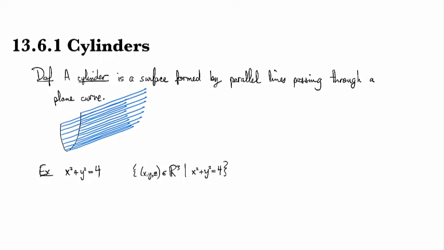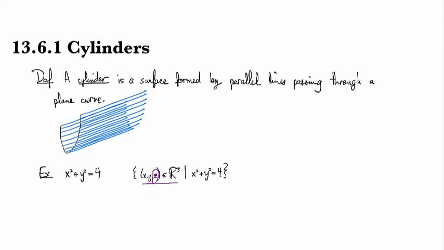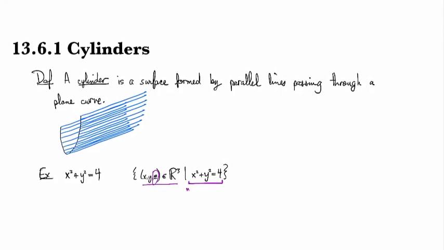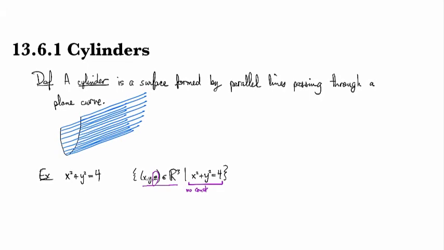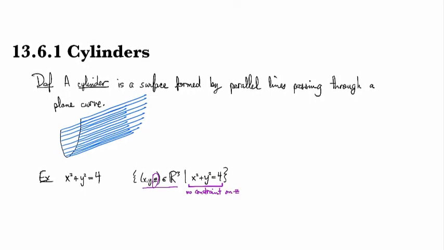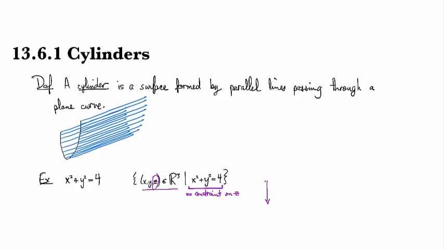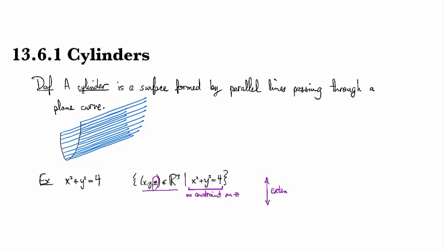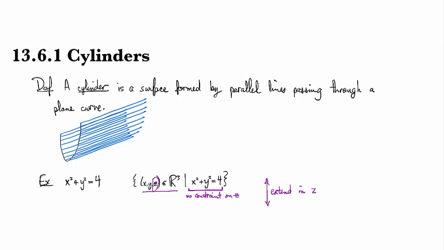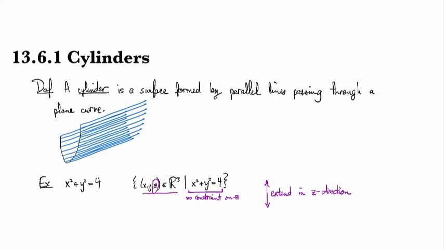And the first immediate thing that you notice is that here we're in R3 and there's a z coordinate, but in the condition over here, there's no constraint on z. So that tells you that your surface is going to extend vertically.